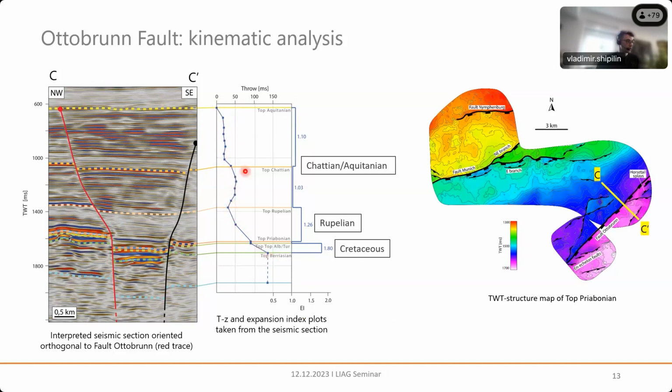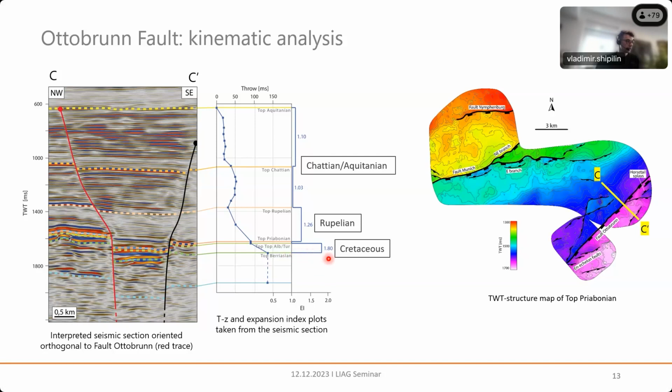And then we've got so-called fault expansion indices, which are basically a measure of stratigraphic expansion across faults and are defined as a ratio of hanging wall thickness to footwall thickness. And the fault expansion indices that have a value of 1 or more than 1 basically show syn-sedimentary faulting.